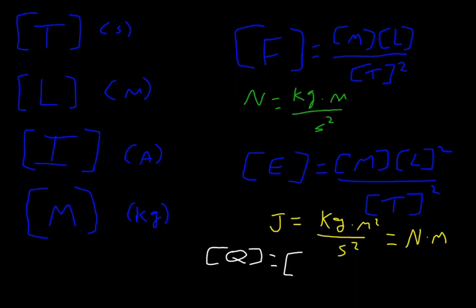So this is the units of current times the units of time, right? It really makes more sense to think of current as charge over time. And we measure this in coulombs. 1 coulomb is 1 ampere times second, or an ampere is coulombs per second.